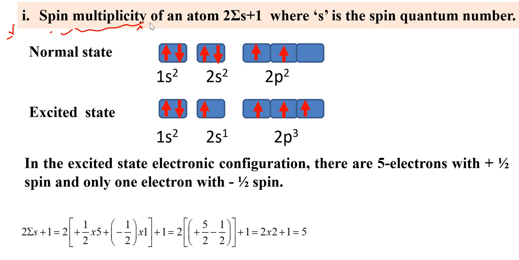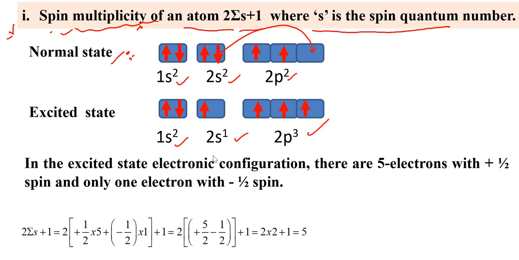Next, the spin multiplicity of an atom is 2 sigma s plus 1, where s is the spin quantum number. In the normal ground state, the electronic configuration is 1s2, 2s2, 2p2. In the excited state, an electron jumps into a higher level, so then 1s2, 2s1, 2p3. In the excited state electronic configuration, there are 5 electrons with plus half spin and only 1 electron with minus half spin. So the total spin is 2 sigma s plus 1.